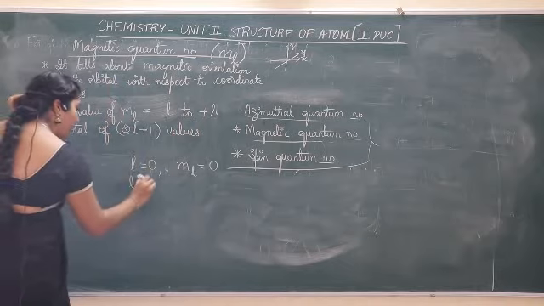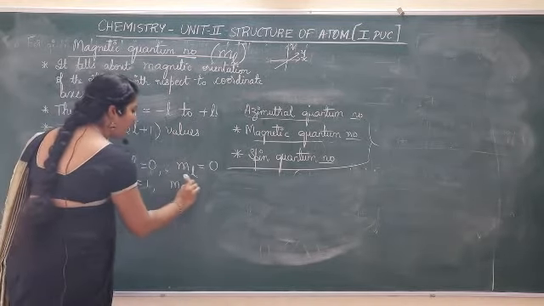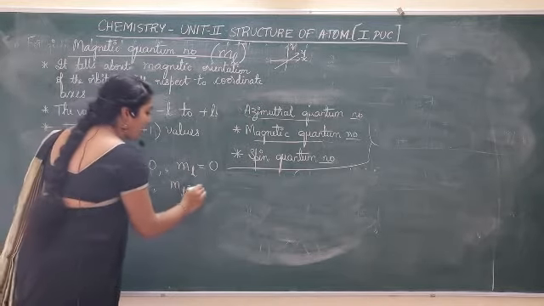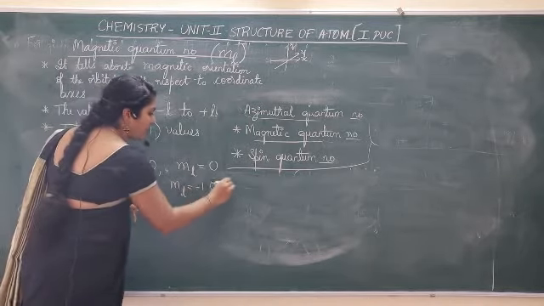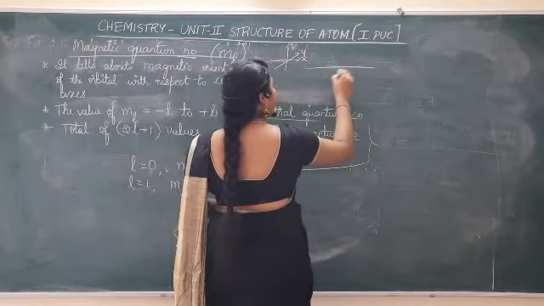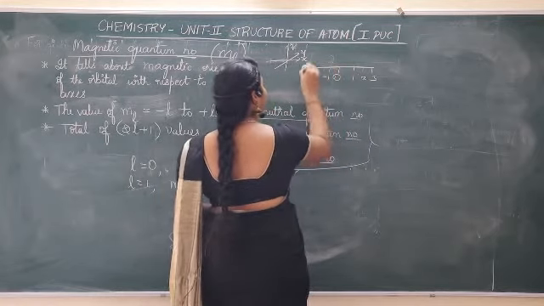If L is equal to 1, then what will be ML value? Minus 1 to plus 1. That means minus 1, 0, plus 1. You know this number line, isn't it? 0, plus 1, plus 2, plus 3, and here minus 1, minus 2, minus 3.